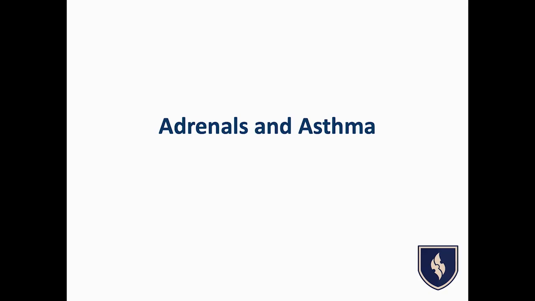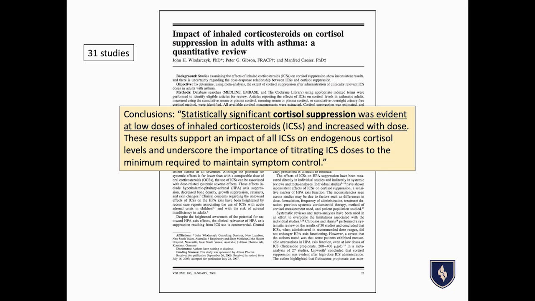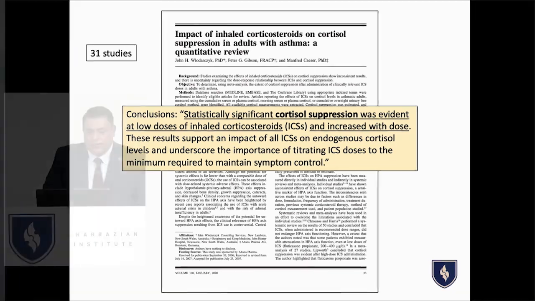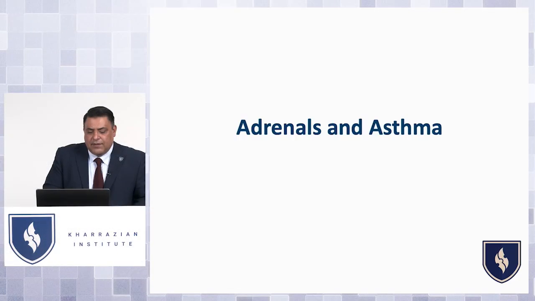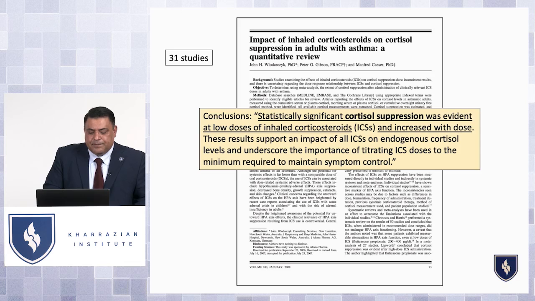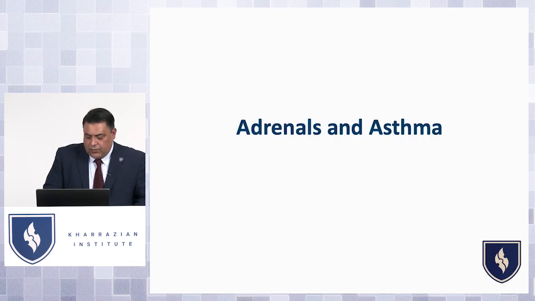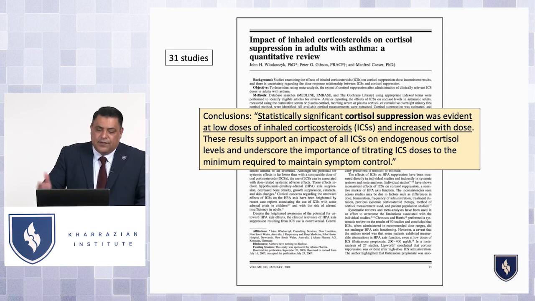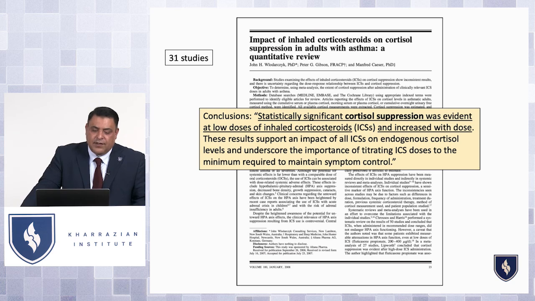Okay? So the problem is, you get people that have asthma, they have these altered adrenal axis pathways, and they get on glucocorticoids. This was a study that was published, a systematic review of 31 studies looking at the impact of inhaled corticosteroids and cortisol suppression in adults with asthma.